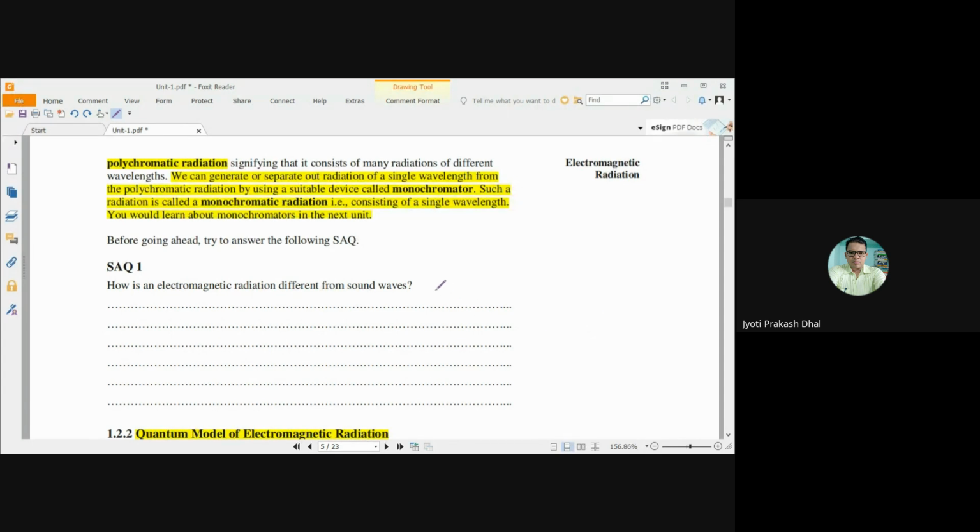But monochromatic means radiation which contains a single wavelength. We can generate or separate out radiation of a single wavelength from a polychromatic radiation by using a suitable device called a monochromator. If we pass polychromatic radiation through a monochromator, it becomes monochromatic. Such a radiation is called monochromatic radiation.